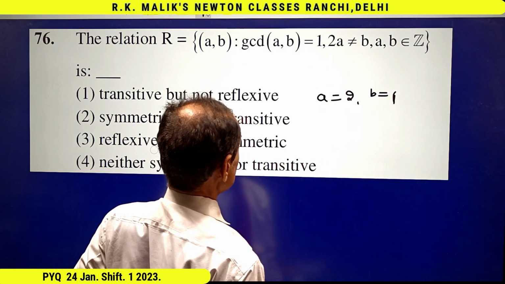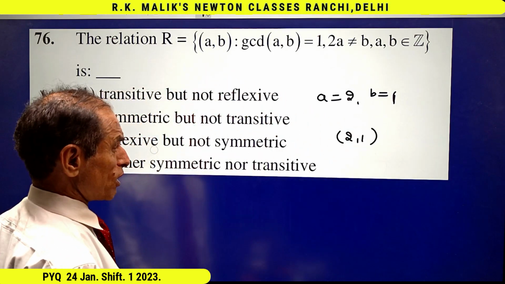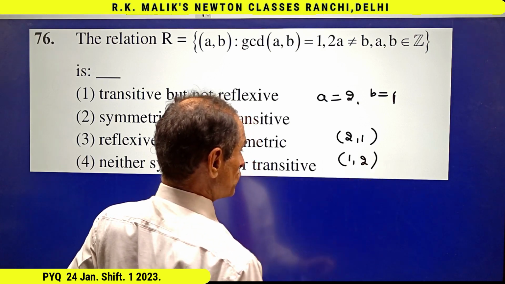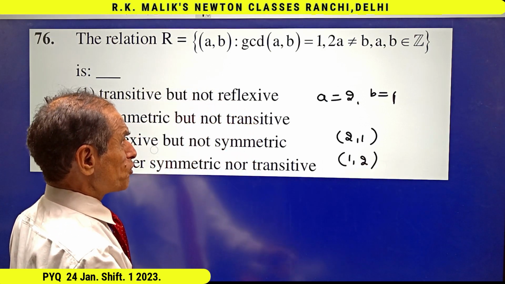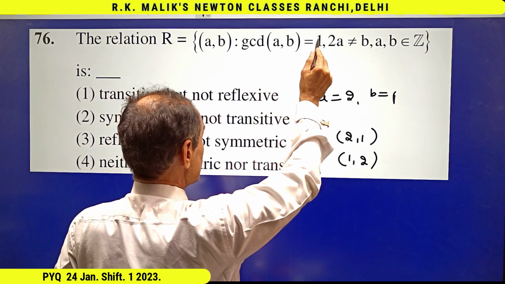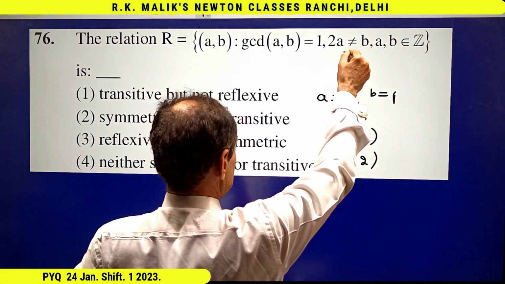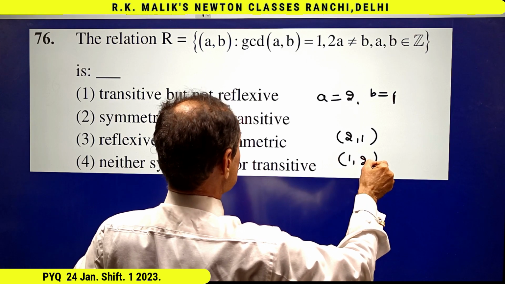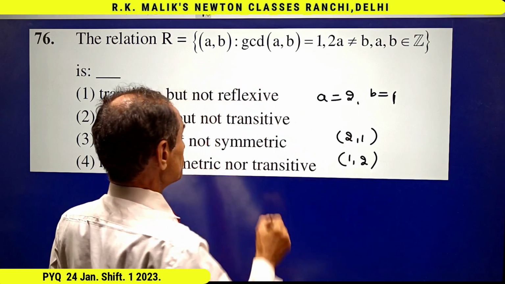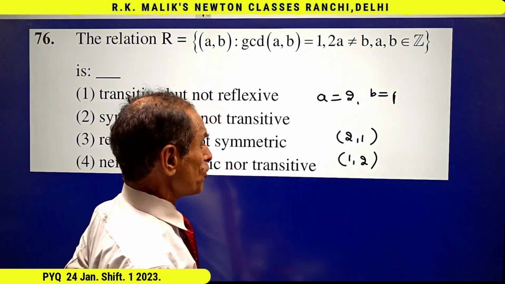That is, I can say (2,1) belongs to R. But note that (1,2) doesn't belong to R because, agreed, GCD of 1 and 2 is 1, but this case doesn't satisfy the condition, since this ordered pair means 2A is equal to B. Hence, this ordered pair doesn't belong to R. That is, (2,1) belongs to R, but (1,2) does not.